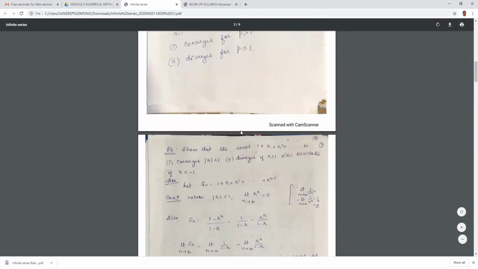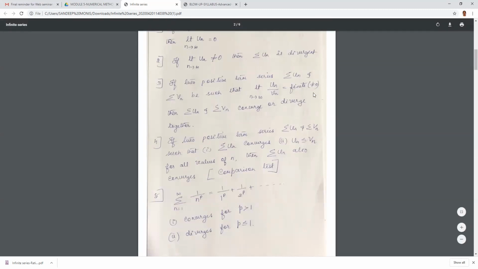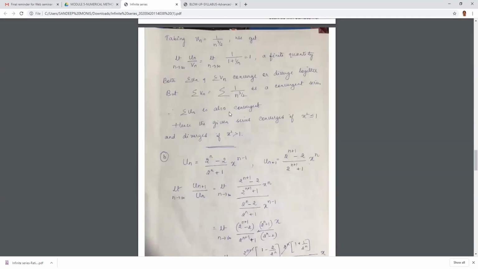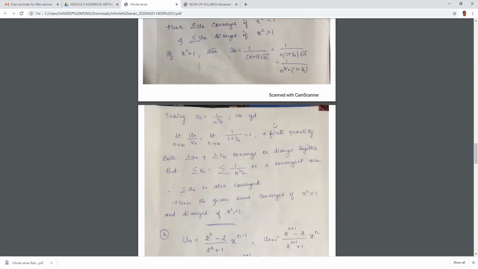Do you remember the note in the last recording I told you regarding one note, correct? If it is finite, then what can we say? Un and Vn converge or diverge together, correct? So we can conclude that the series converge or diverge together. But sigma Vn is 1 by n to the power 3 by 2, and un is less than vn. So what can we conclude?